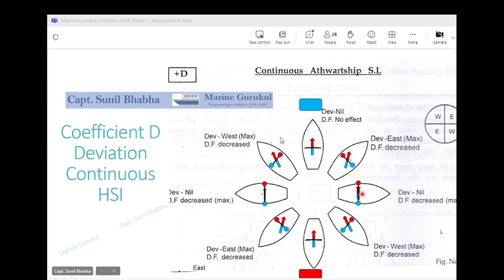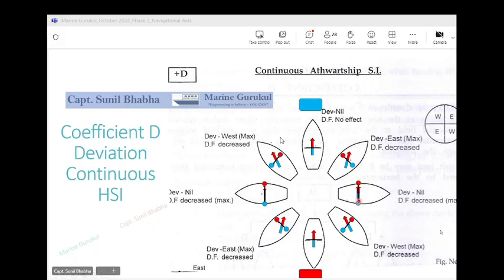Since it is perfectly aligned, it will have the maximum induction caused by the Earth's magnetic field. The magnetic field lines will be entering from the south end or the starboard end of the beam, and they will be coming out from the north end or the port end of the athwartship beam.